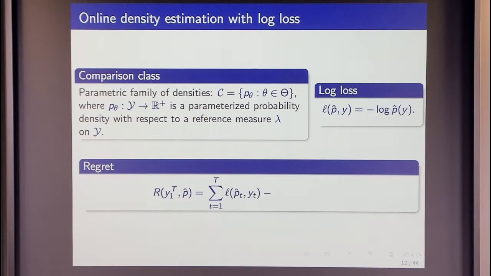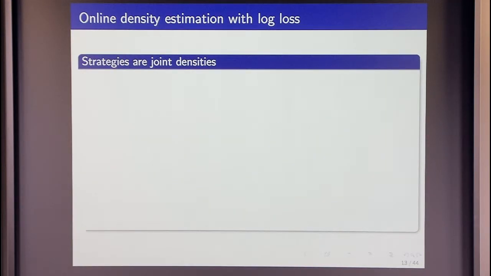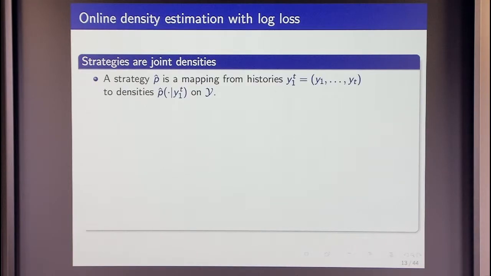The regret, of course, is just this difference of the log probabilities, so difference of two log likelihoods. A maximum log likelihood and the log likelihood of our sequence of predicted densities. Okay, so first observation: these strategies can always be viewed as joint densities, right?